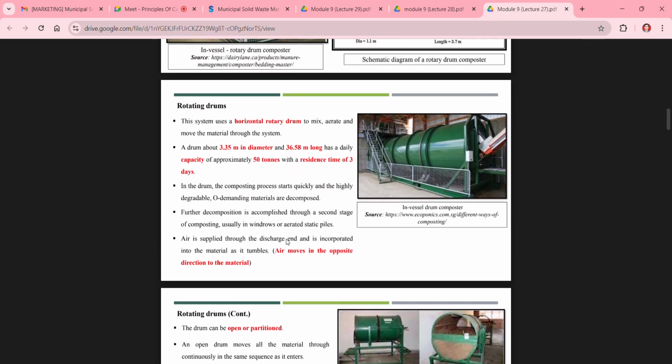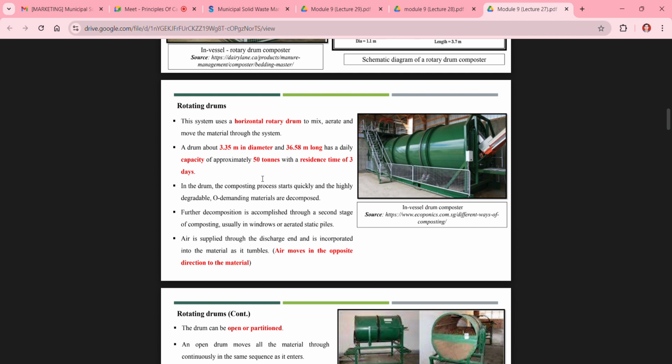Then there are some specifications for these rotary drum type systems. It can be a drum about 3 to 4 meters in diameter and up to 35 to 40 meters long, for a daily capacity of around 50 tons per day. It can provide a residence time for the waste material of up to 3 days.